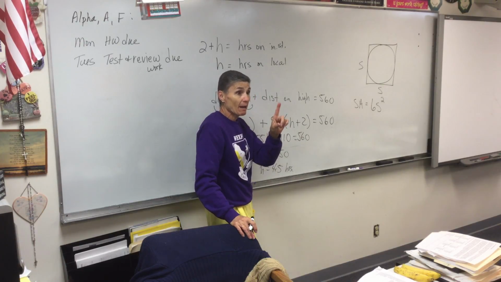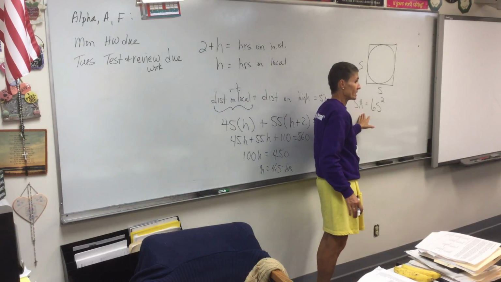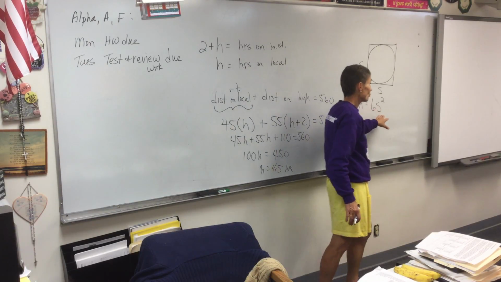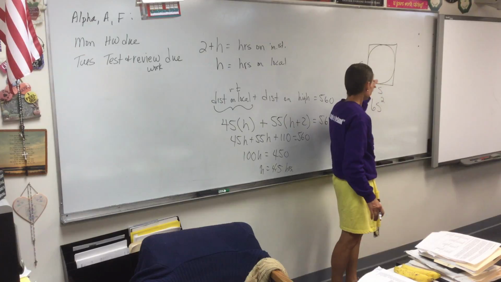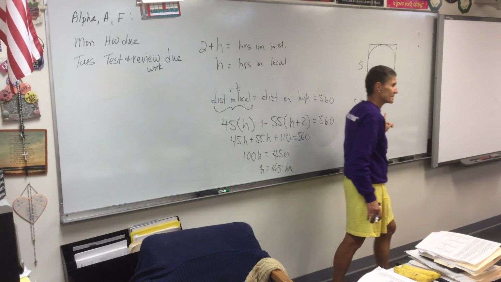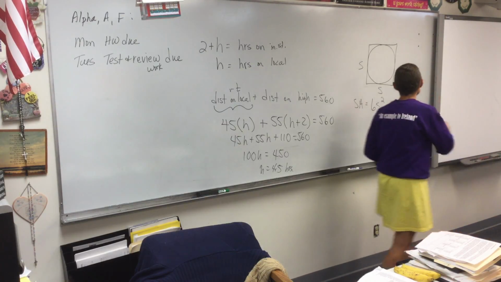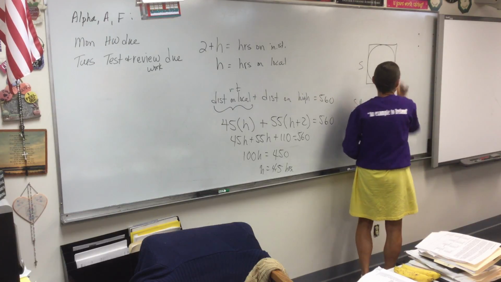Well, that's it, except this is the surface area in terms of the sides of the box. What am I supposed to be doing? Finding the surface area in terms of the radius of the sphere.